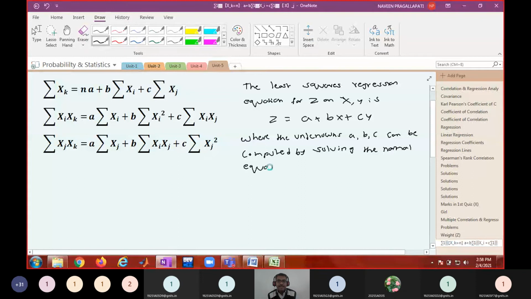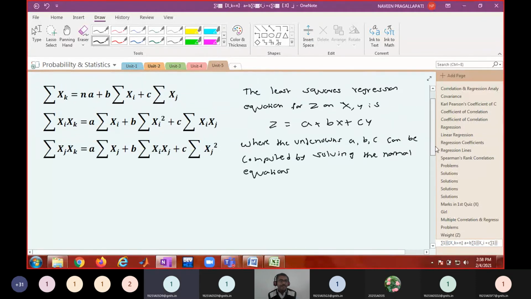What are the normal equations? Now you tell me. Sigma zi equal to na plus b into sigma xi plus c into sigma yi.